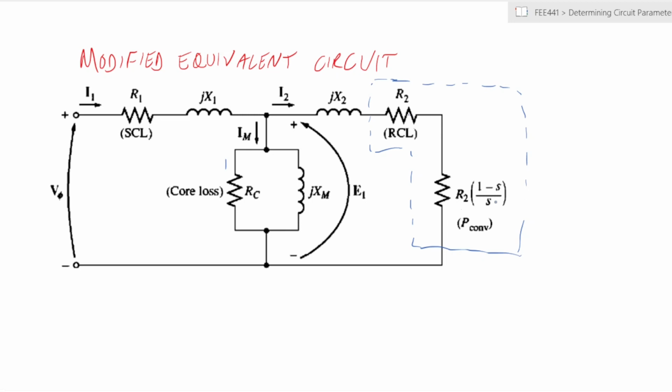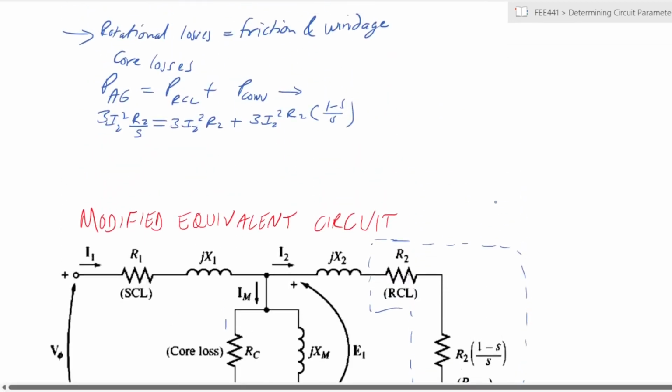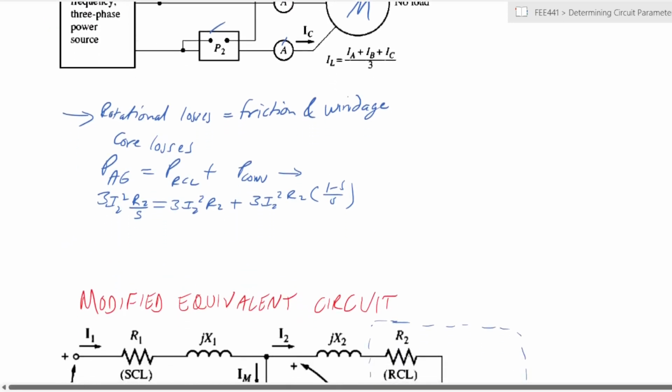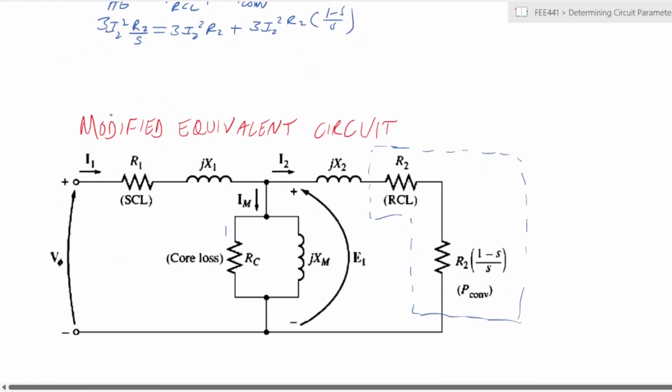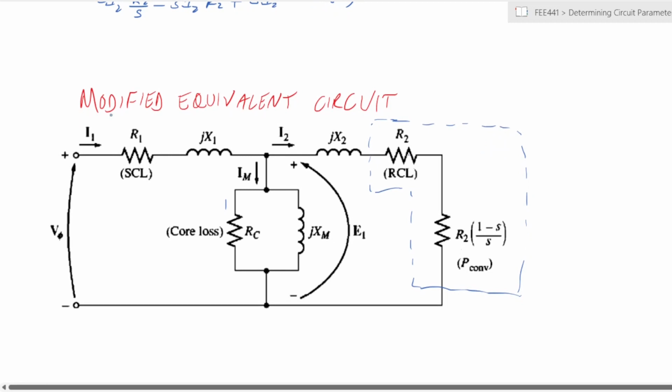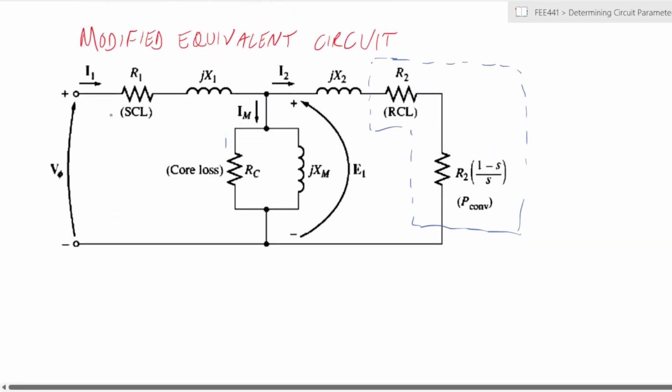In the no-load test, remember we are having a variable voltage. We can have a lower voltage, and a lower or higher frequency, depending on what we want to determine. If we want to run it at rated, we would put it at a voltage that would allow us to do that. When the circuit is connected like this, no mechanical load is applied onto the machine.